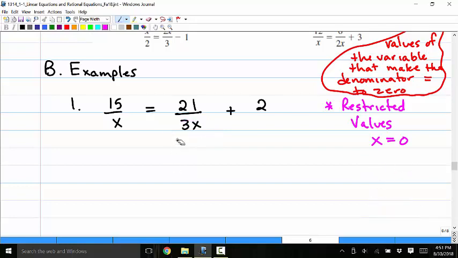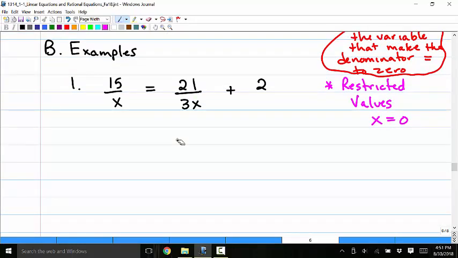Okay, let's go solve this example. In a previous section we talked about clearing fractions by multiplying every term by the LCD. The first one needs an x, the second one needs a 3 times an x, so the LCD is going to be 3x.